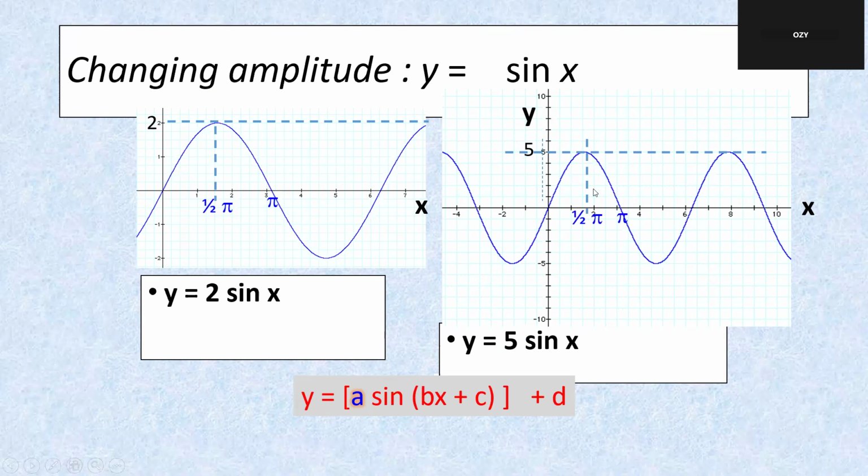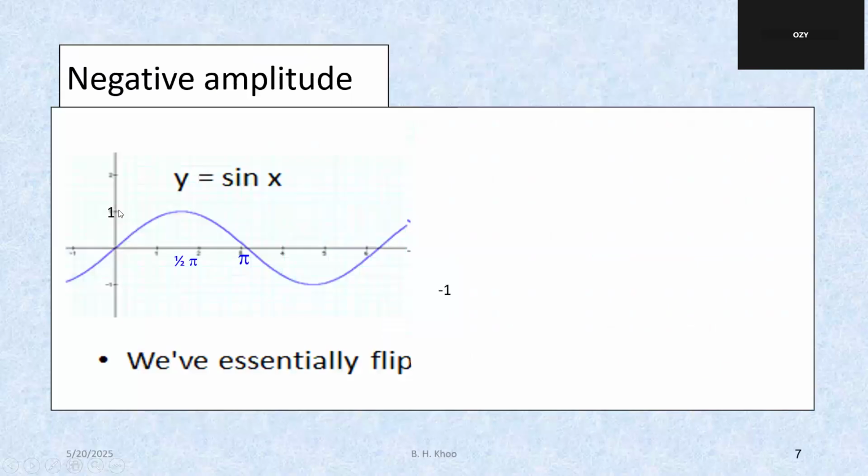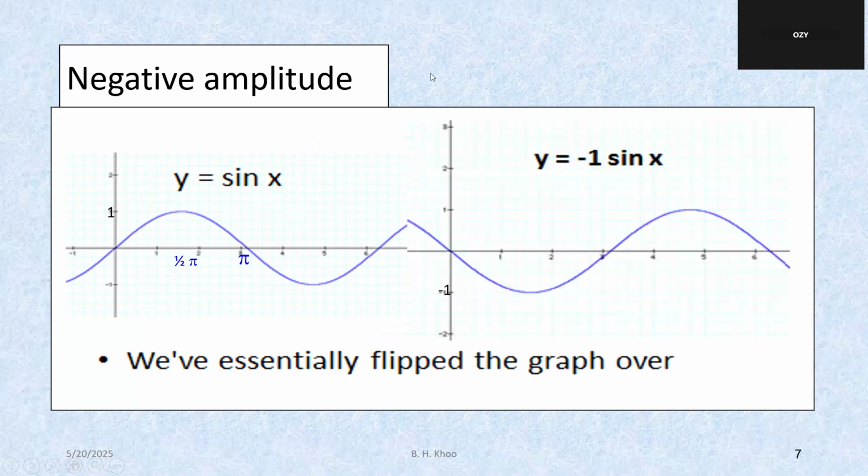The waveform is still the same. Haven't changed that. Sine pi is still 0. If this is a sine curve with negative amplitude, minus 1, then it just inverts it.